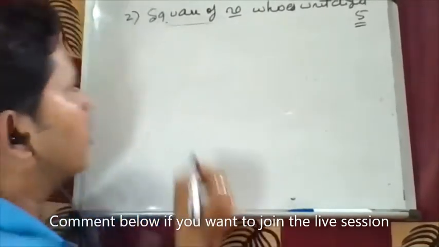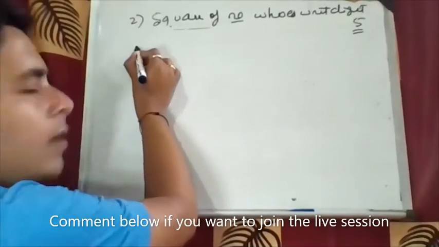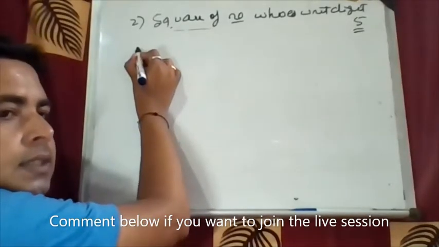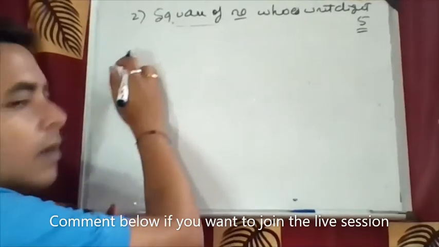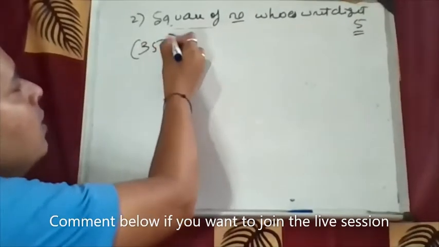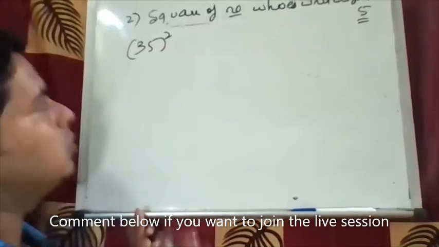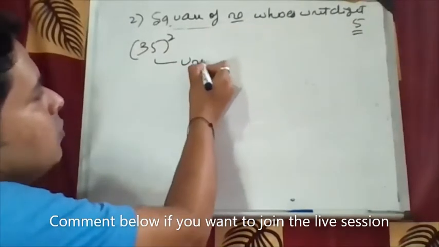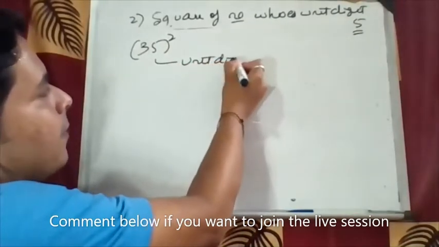Suppose, for example, I take 35 square. So I want to find out 35 square. Okay, so first check what the unit digit is here. The unit digit is 5.